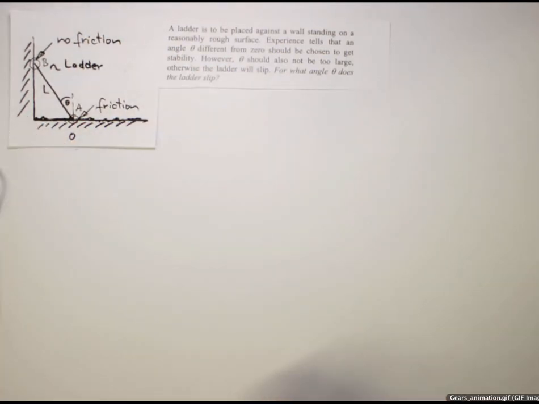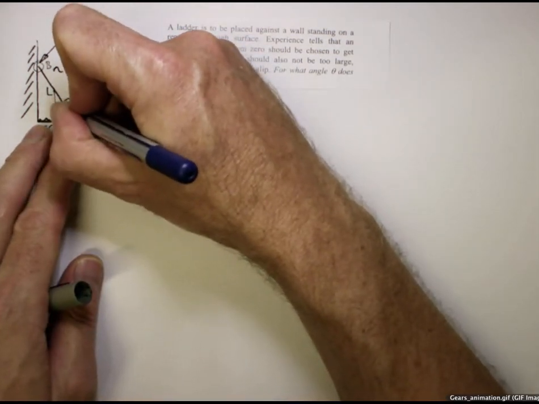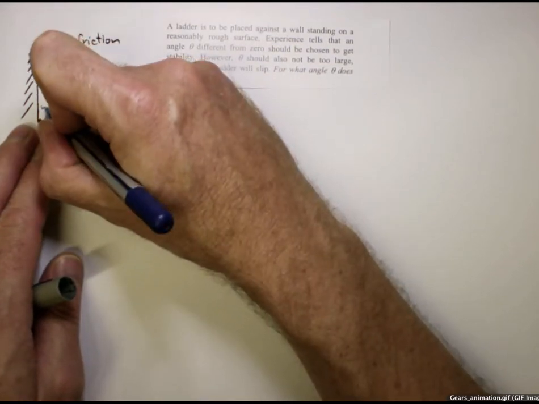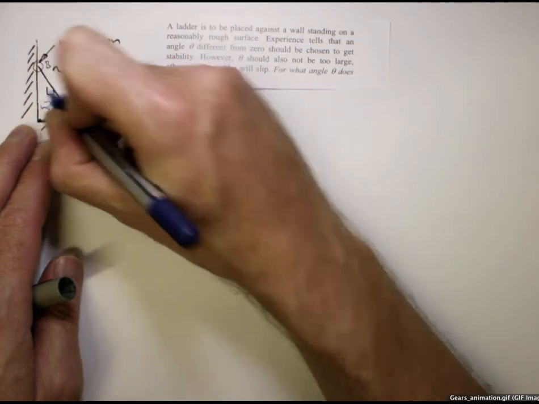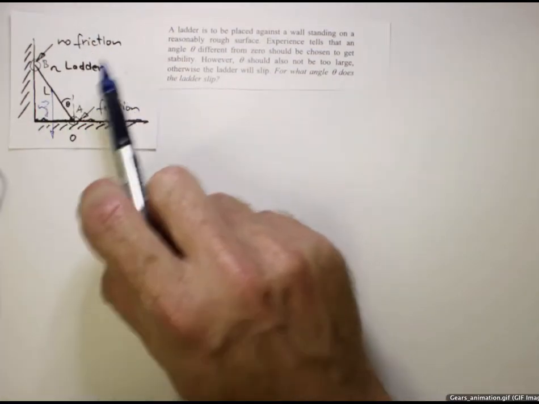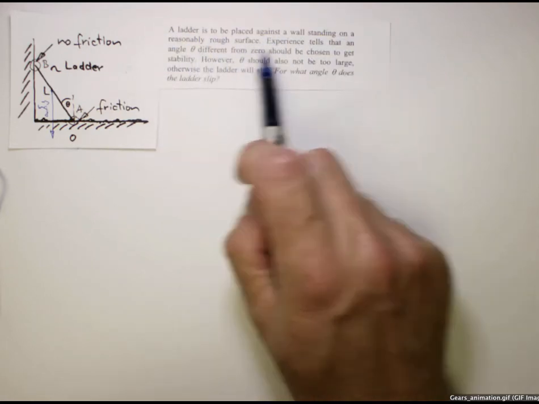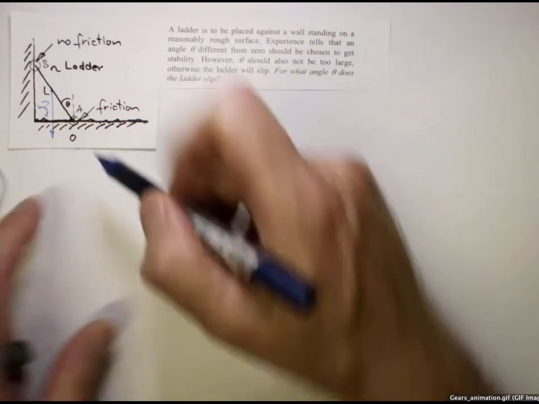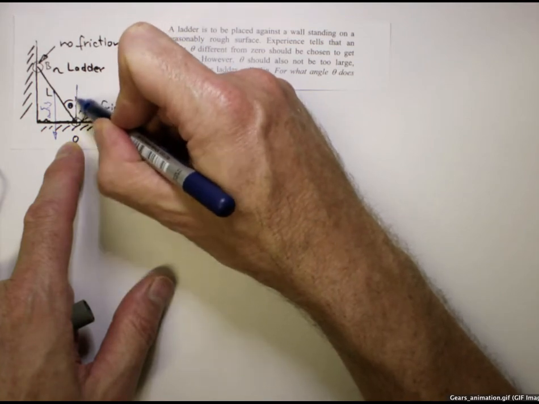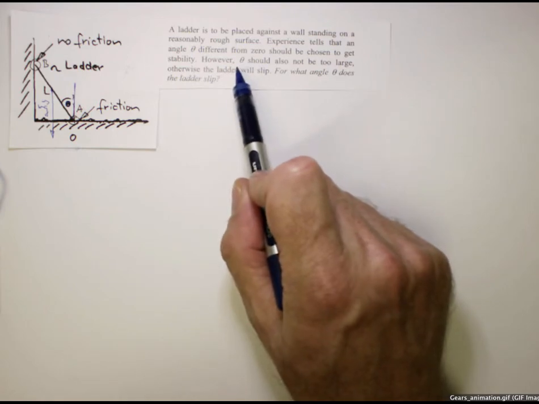And in addition, the ladder has a length L, and for the moment we might ignore the person, we just consider the weight of the ladder itself, and that results in the force mg downward. The question is, a ladder is to be placed against a wall standing on a reasonably rough surface. Experience tells us that an angle theta, that's the angle theta here, measured with respect to the normal, different from 0, should be chosen.